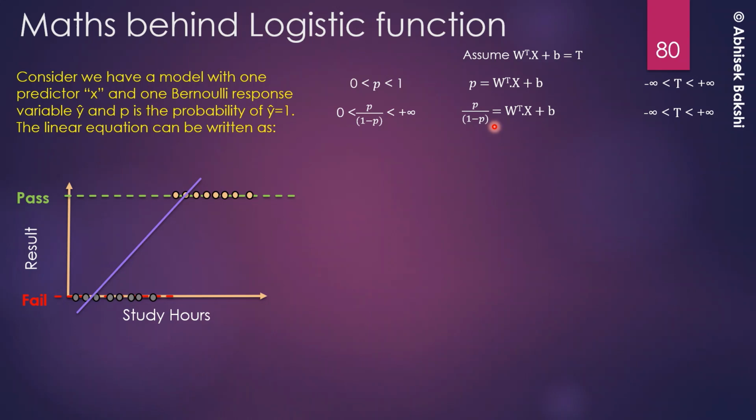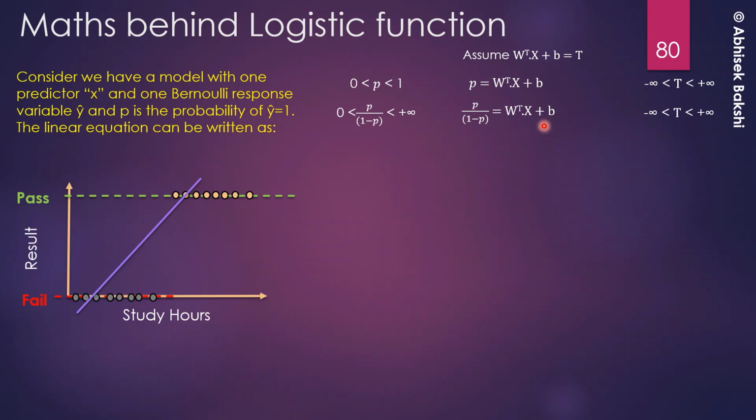And if we put the maximum value of p over here, then it will become 1 by 1 minus 1, that means 1 by 0, that means plus infinity, right? So odds of p has a range of 0 to plus infinity. The range has definitely increased from 0 to 1 to 0 to plus infinity, but the left side still needs to be changed, right? So odds of p alone is not going to equate with the linear regression equation.